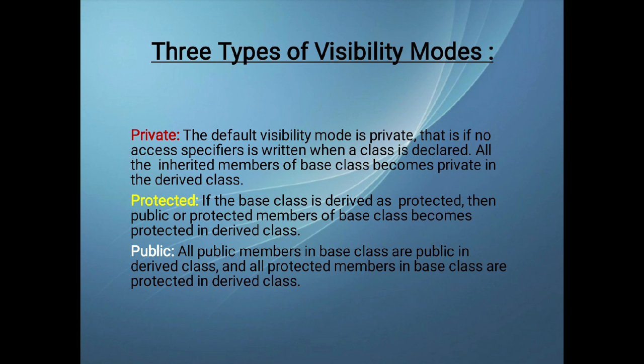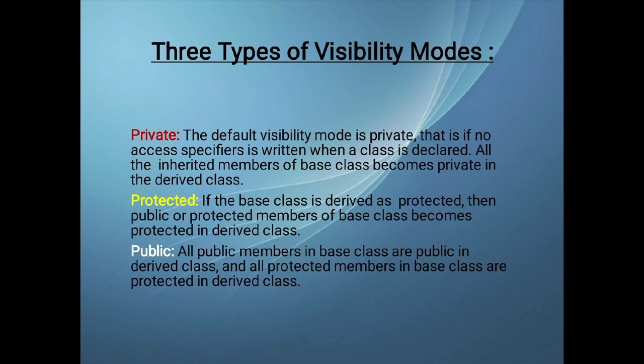However, keep this in mind, very important: if the base class members are declared as private from the beginning itself, then whether it is the protected, public, or private access specifier, the derived class cannot access any private members of the base class.